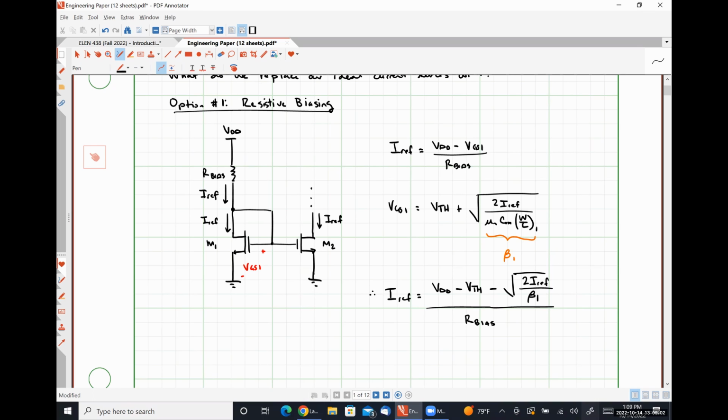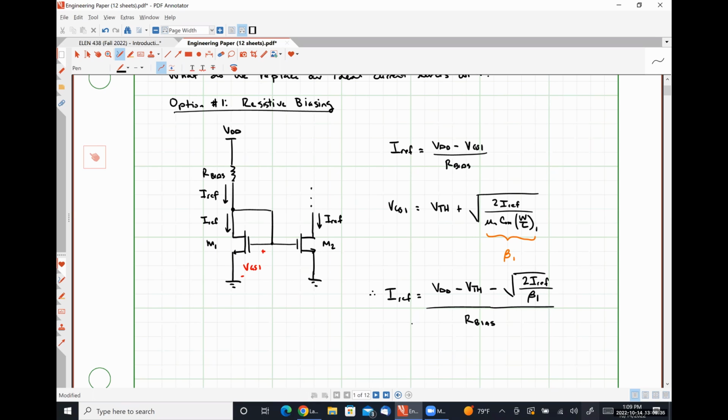Okay. I did throw this into my MathCAD to do a symbolic solve and see if there was a way that I could express this in a little less of a pain in the ass form. And the short answer is very much no, unfortunately. So this is definitely a throw this into your system solver for a specific reference current to solve for the resistor value, or if you put the resistor value in, you could iteratively solve for your reference current. Okay.